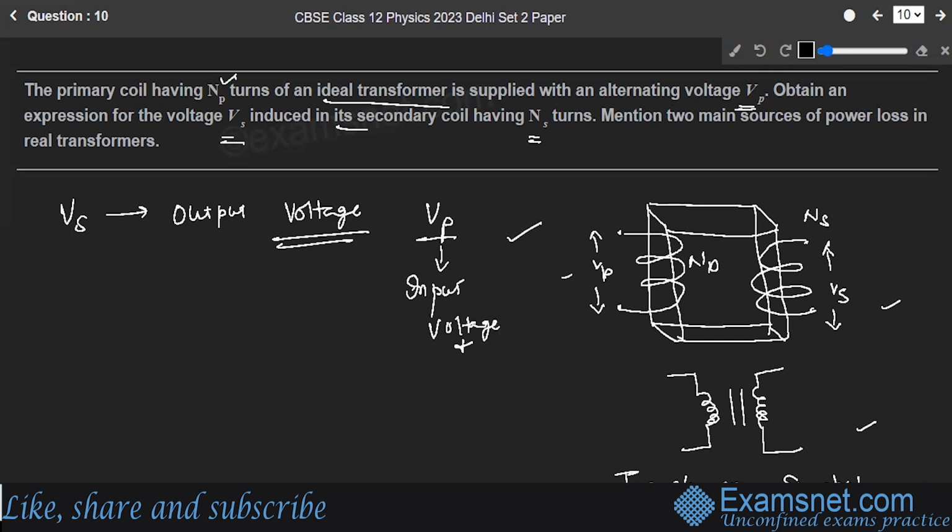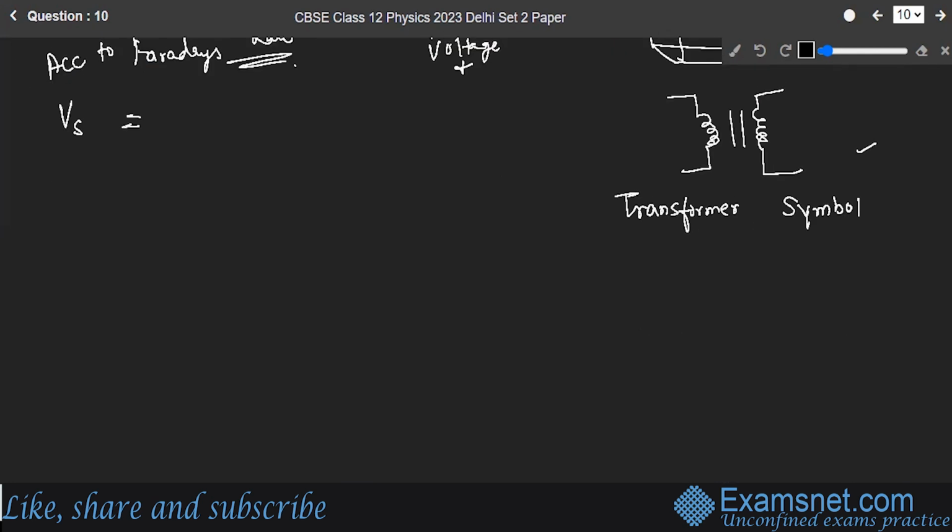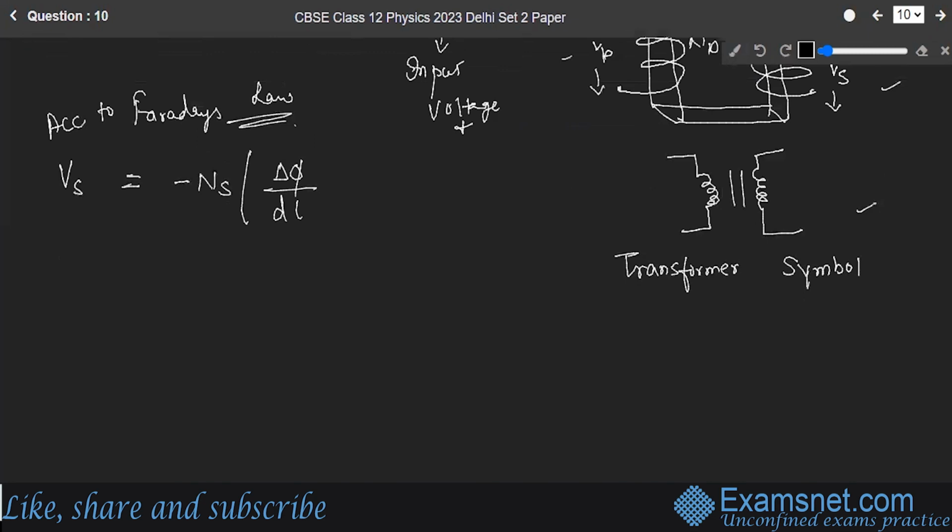Faraday's law of induction for the secondary coil gives its induced output voltage Vs as minus Ns d phi upon dt. All right.